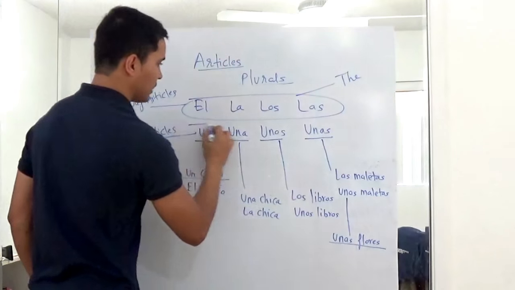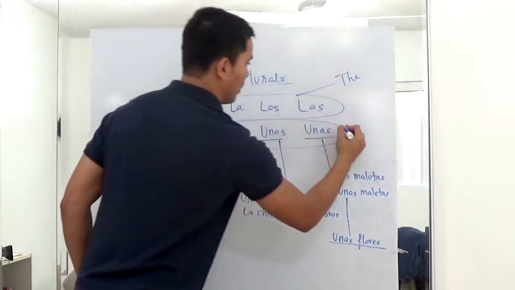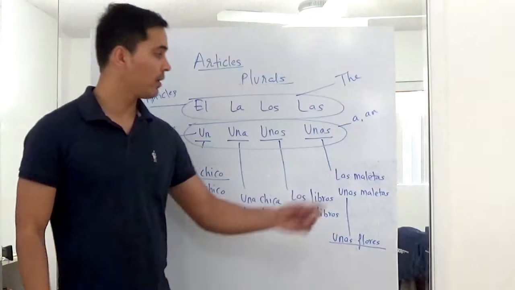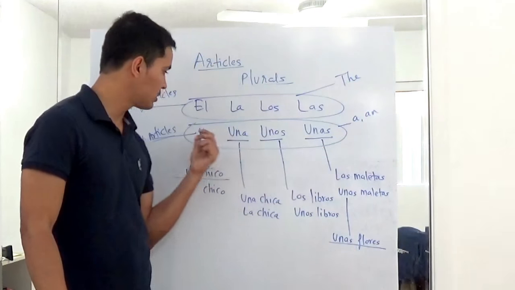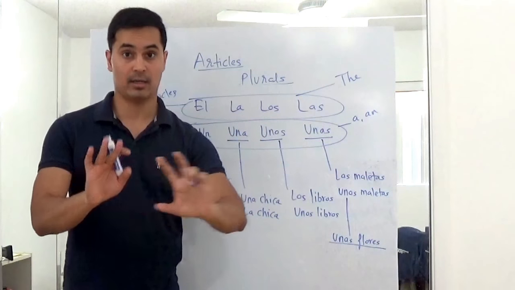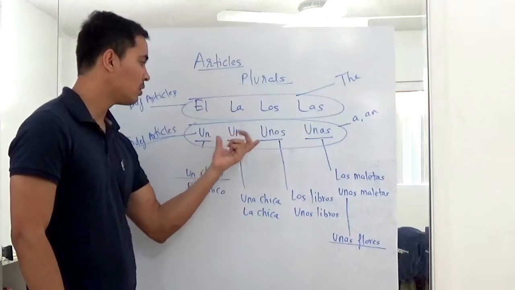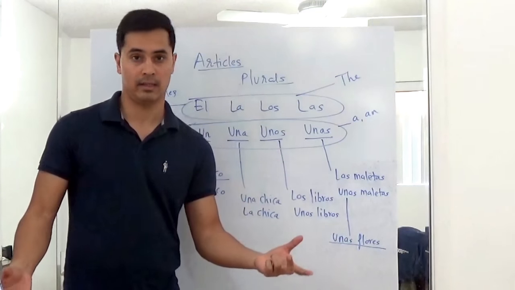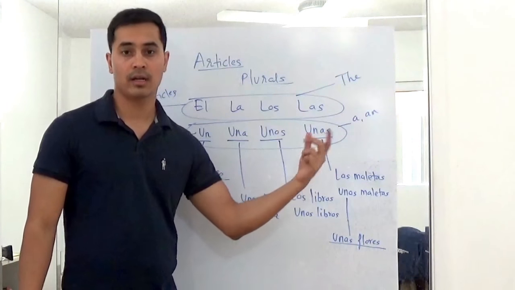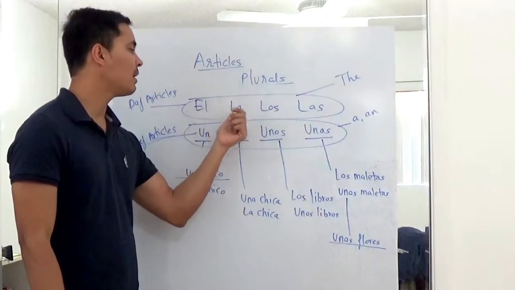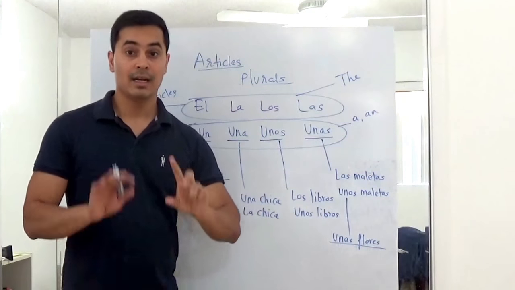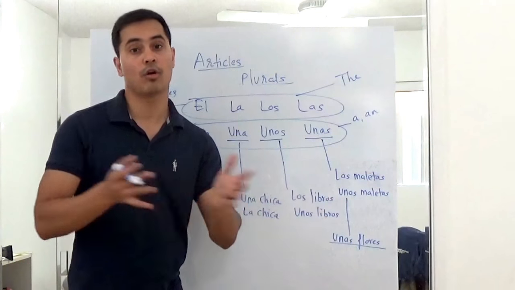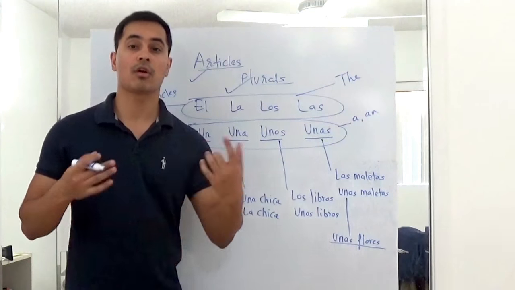And the English equivalent of these is a or an. So whenever we use a or an, we use un, unos for masculine, una, unas for feminine. And whenever you use the definite article in English, we use el, la, los, las, depending on gender and whether it's singular or plural.